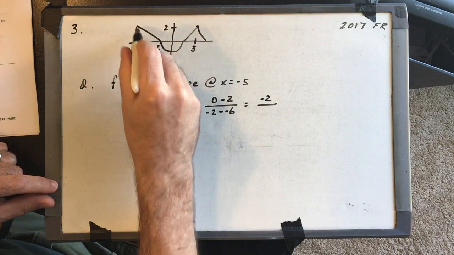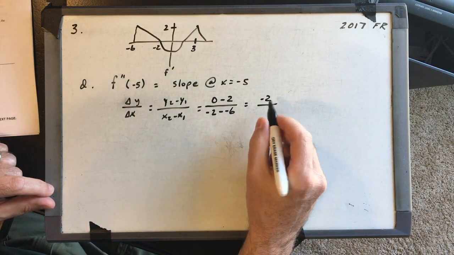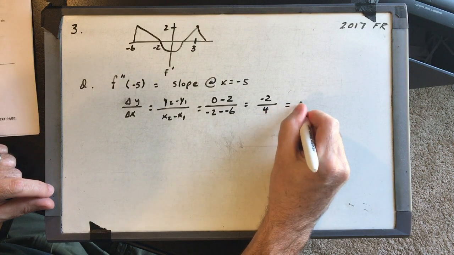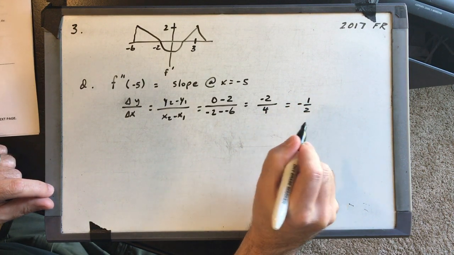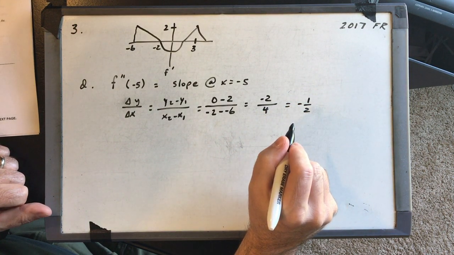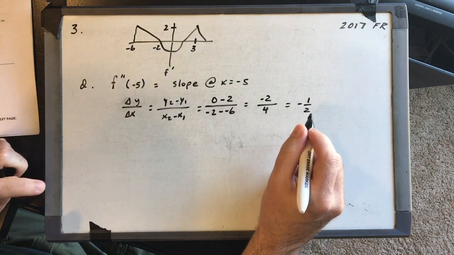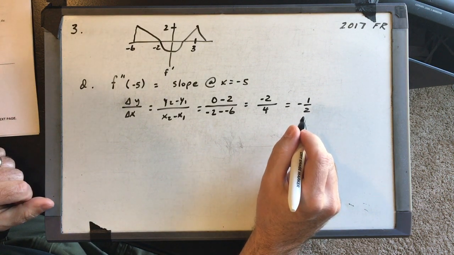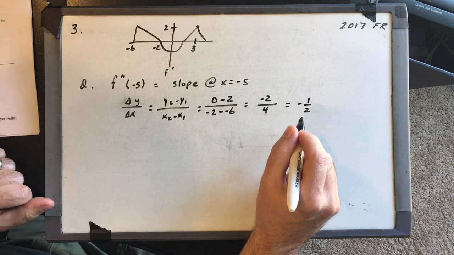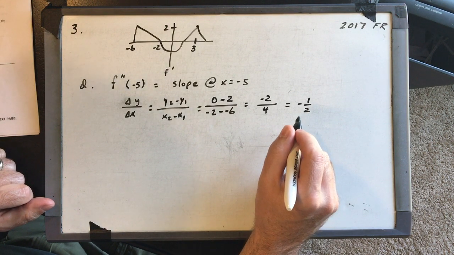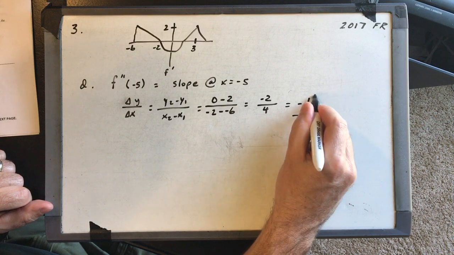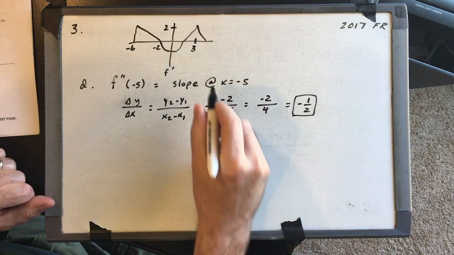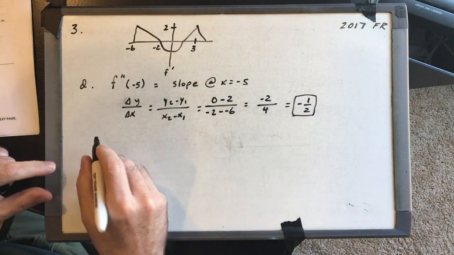That'll be the slope at -5 because it falls in between, over 4, which is -1/2. I think that does the trick. That explains it. Slope at x equals -5.